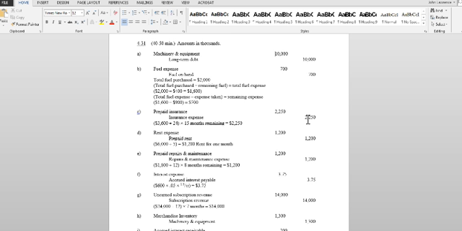The payment was debited to insurance expense on April 1st. What adjustment was necessary on December 31st? So they erroneously debited it to insurance expense, and they should have debited it to prepaid insurance. Now, we've said that it's $150 a month to expense that $3,600 over the course of 24 months.